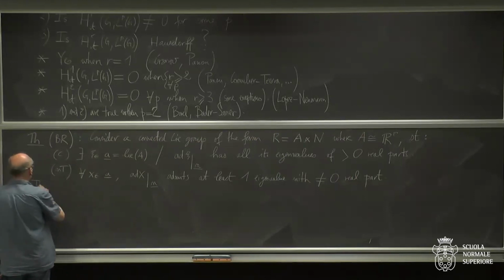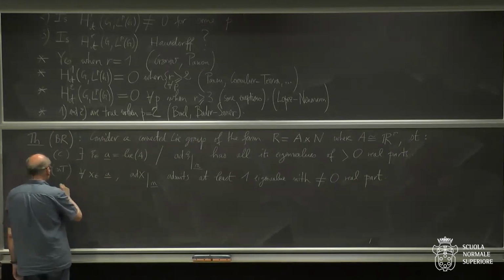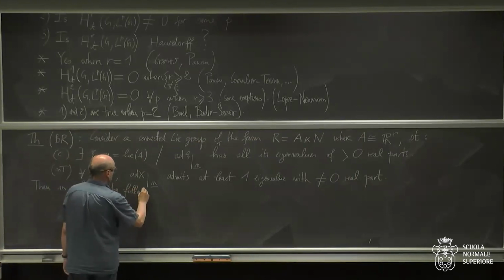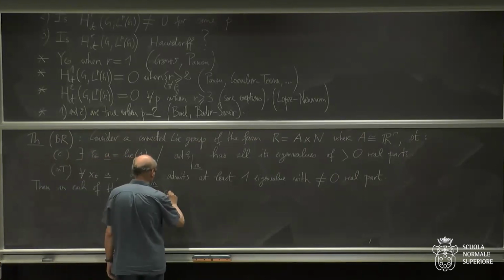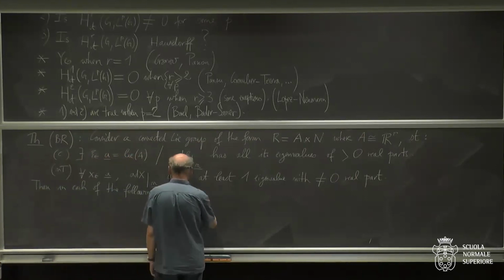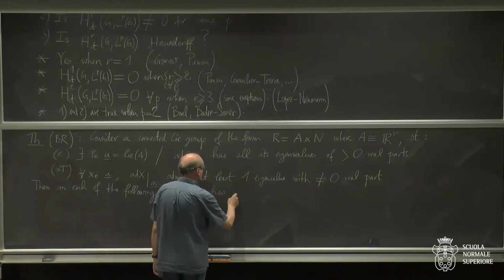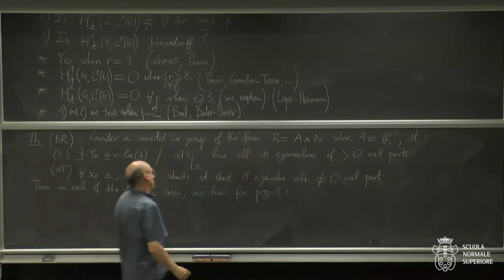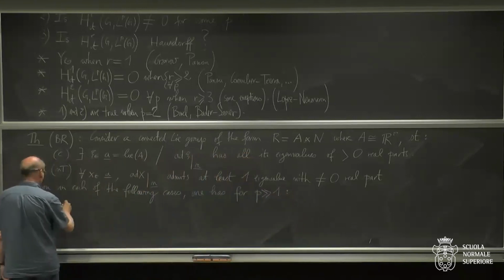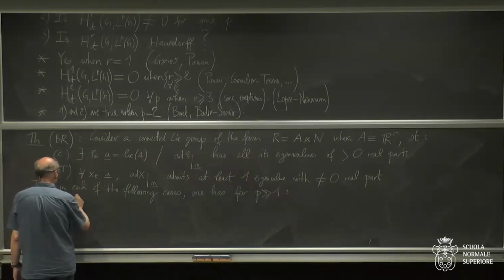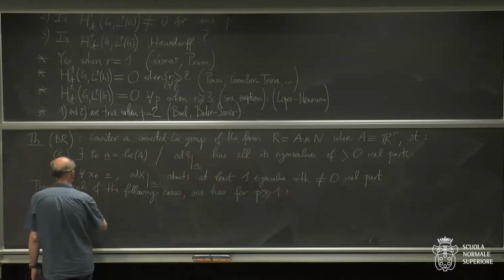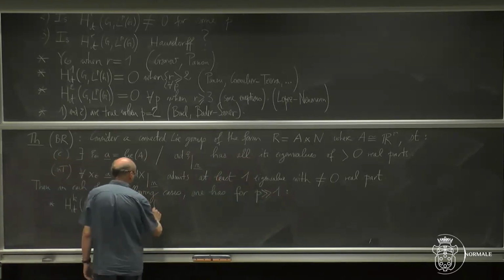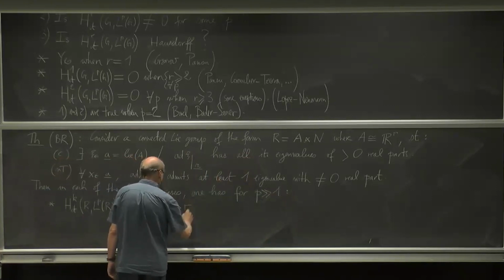So then, in each of the following cases, since we don't know how to do it in full generality, one has, for large p, first, the cohomology in degree k of R with values in Lp(R) is 0 for k strictly larger than the rank.